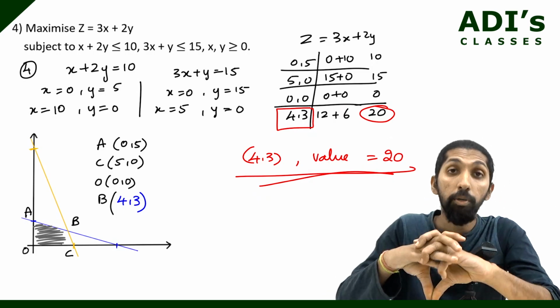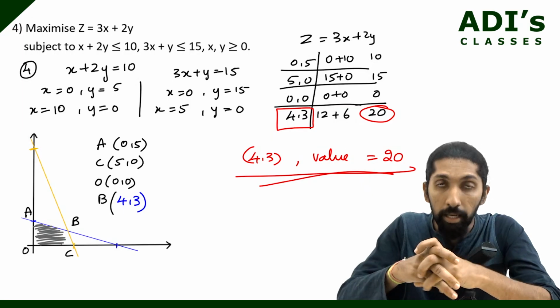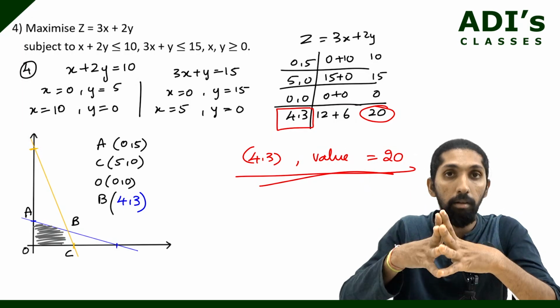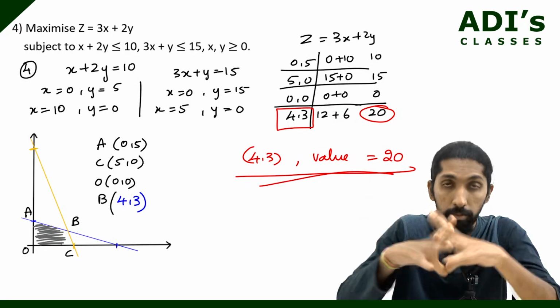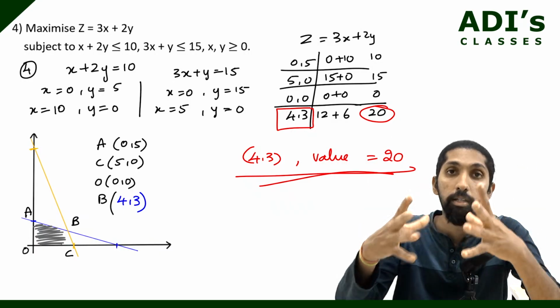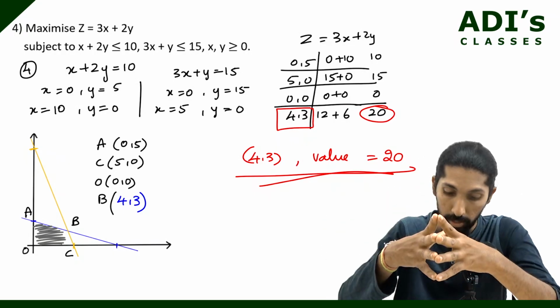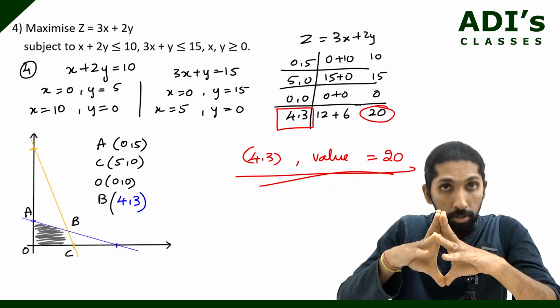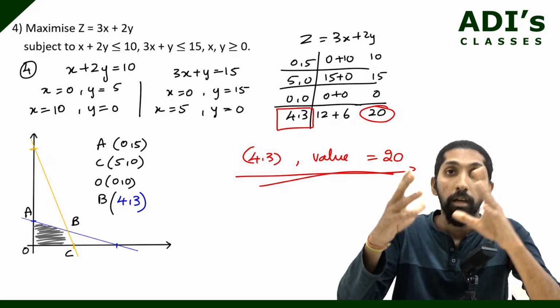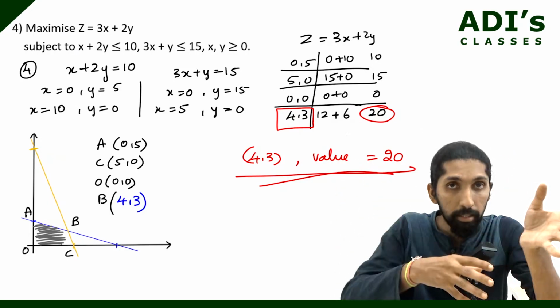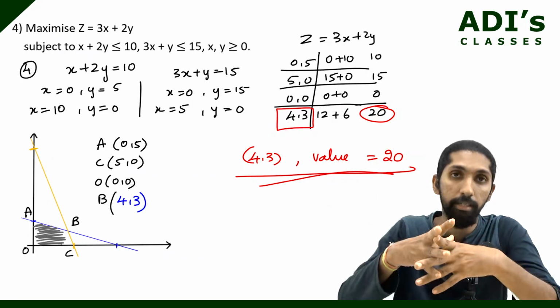So here, I hope you guys have understood how to solve the LPP, correct? Remember, once you have the equation, you are going to have the constraints, correct? Along with the objective function, you are going to have the constraints. And once you have the constraints, then make the linear inequality into an equality.